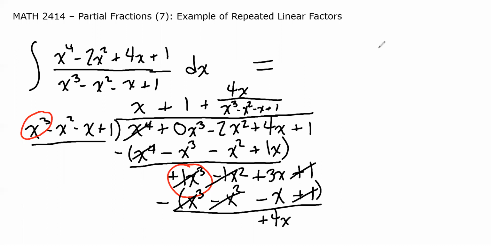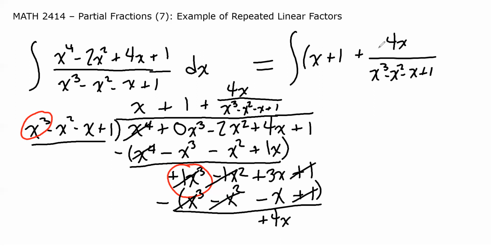That means that our integral can be rewritten as the quotient plus the remainder over the divisor. Now our integral is x plus 1 plus 4x over x cubed minus x squared minus x plus 1.